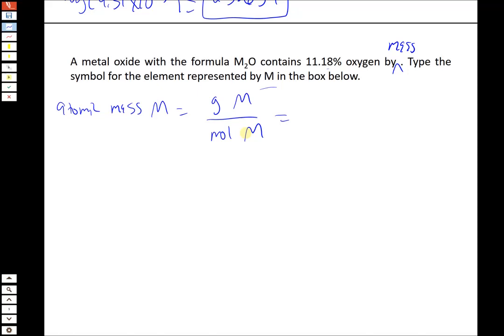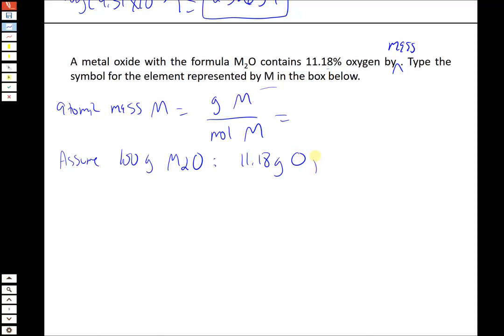Okay, so what we're going to do in this problem is find both of those. Because we're given a mass percent, we're going to assume 100 grams of the compound, because then we can interpret the mass percents as gram amounts. So if we have 100 grams of M2O, we have 11.18 grams of oxygen, and then 100 minus that is going to be the mass of the metal.